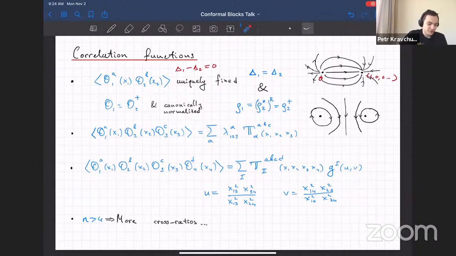It's just saying that if you take operators O1 and O2 to be Hermitian conjugate to each other, then the 2-point function can be non-zero and uniquely fixed. Otherwise, if the quantum numbers are not like this, then the 2-point function has to vanish. And in unitary theories, you can always choose a basis of local operators so that the 2-point functions are only non-zero when the two operators are Hermitian conjugate to each other.